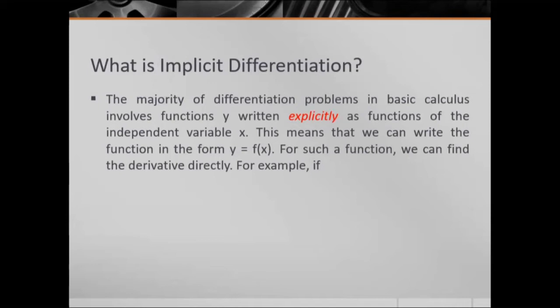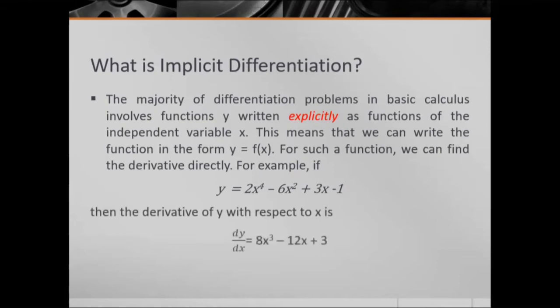For example, if we have a given polynomial, y equals 2x to the fourth minus 6x squared plus 3x minus 1, then the derivative of y with respect to x is dy over dx equals 8x cubed minus 12x plus 3.